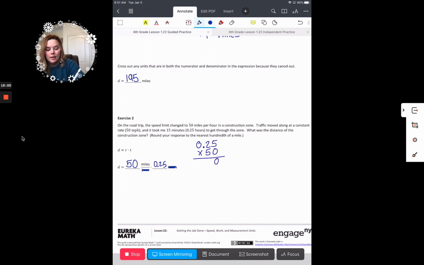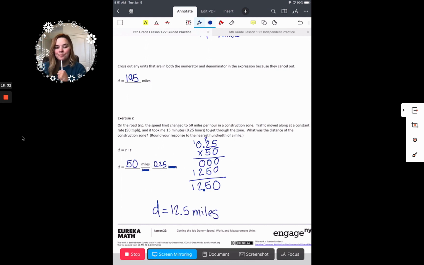So we multiply. Then we have 2 digits behind our decimal point, so that means our decimal is going to move 2 places over. And we're left with our distance traveled is 12 and 5/10 miles, or 12.5 miles.